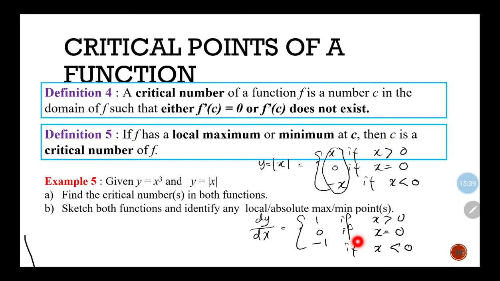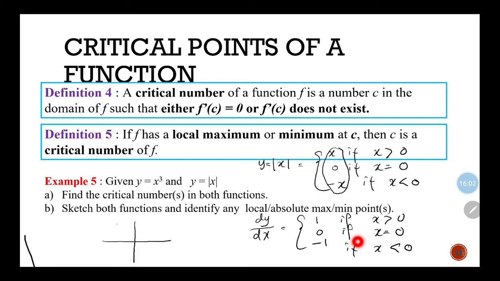So the critical number for this should be at x equal to 0.